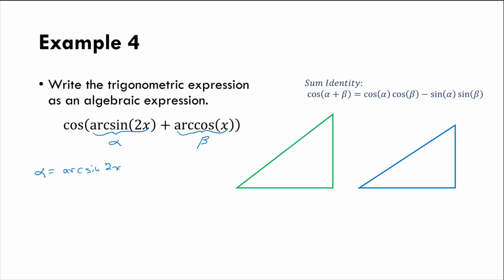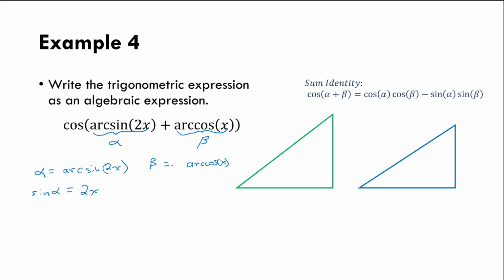Since we're defining alpha as arc sine of 2x, if I were to take the sine of both sides here, I'm left with sine of alpha is equal to 2x. Same thing here: I've got beta is equal to arc cosine of x.